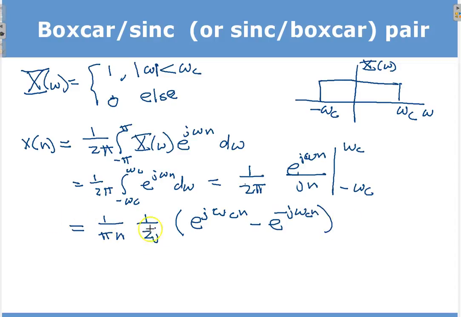The reason I rewrote these is because when you look at this, you'll probably see that this thing here is the definition of the sine, right? So this whole thing is 1 over pi n sine omega c n.